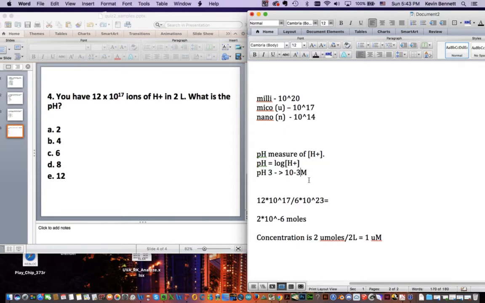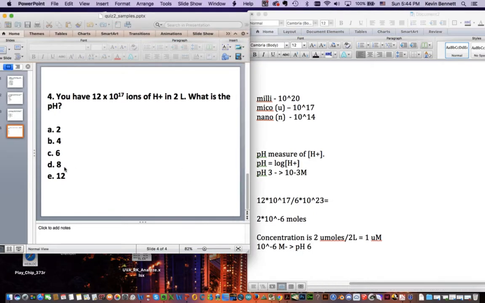Remember what I said, now we've got 10 to the minus 6 molar concentration in micromolar. Okay, so 10 to the minus 6 molar corresponds to a pH of 6. So the answer is C.